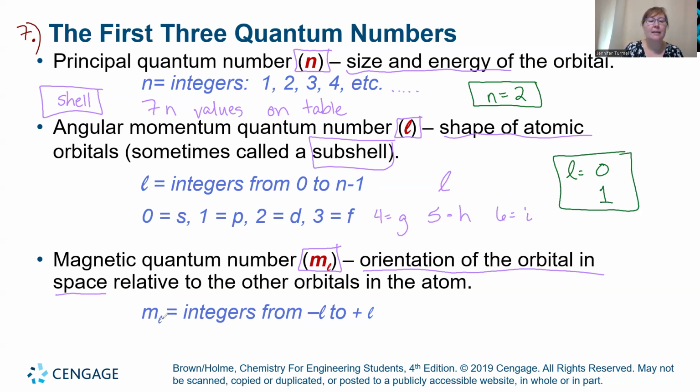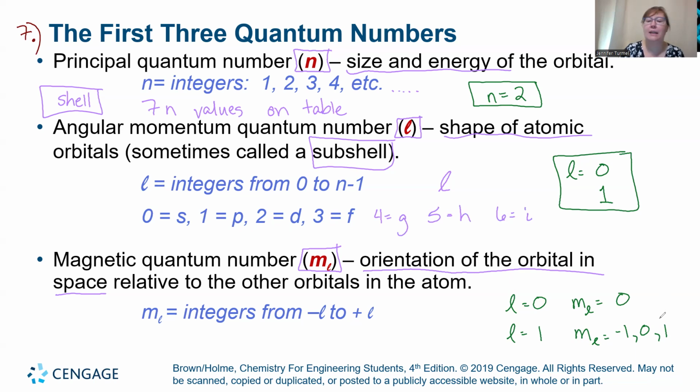Now here it says m sub l are integers from negative l to positive l. So when l is 0, m sub l is equal to just 0. And when l is equal to 1, m subscript l is equal to negative 1, 0, and 1. And this is what we mean by our orientations in space.